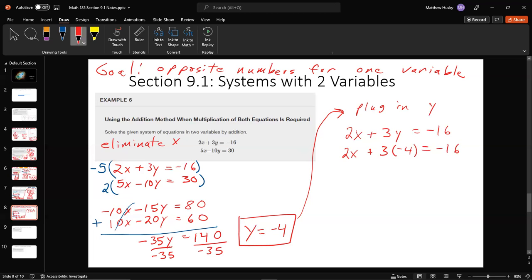And then they go to plug it in and they put it in for x. And I'm like, oh, it's a y. If you solve for y, do make sure you put it in for y. If you solve for x, put it in for x.